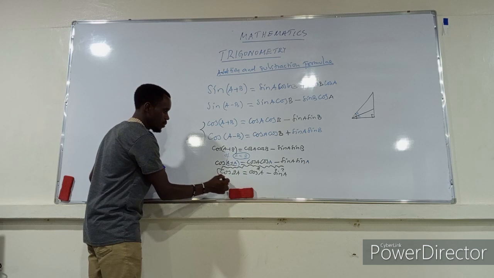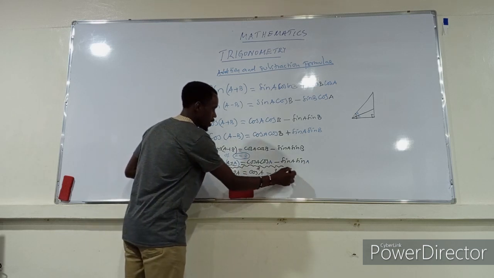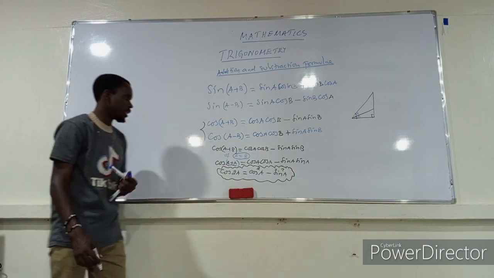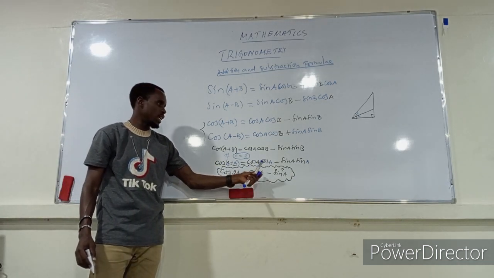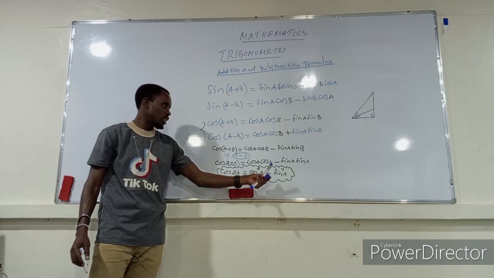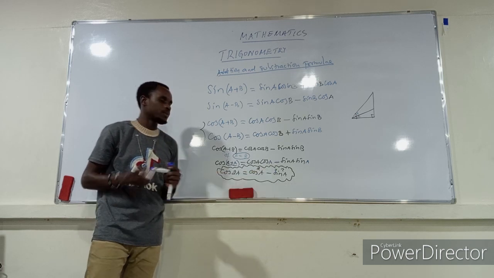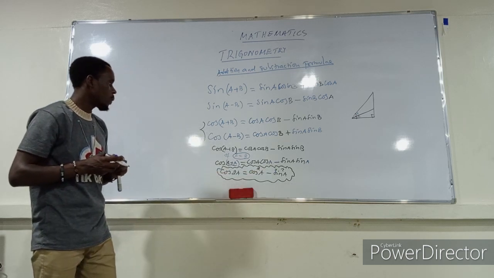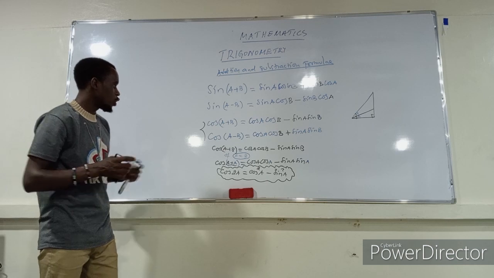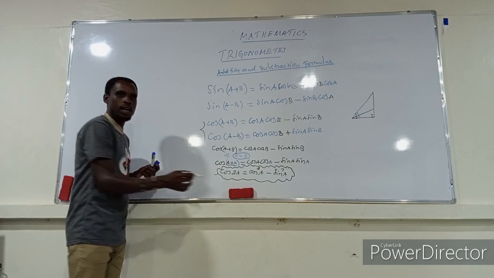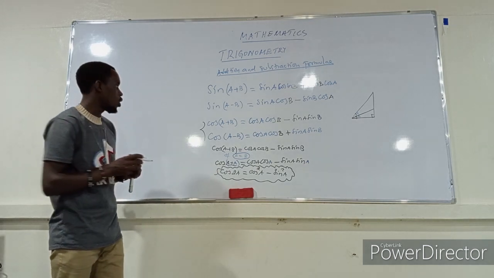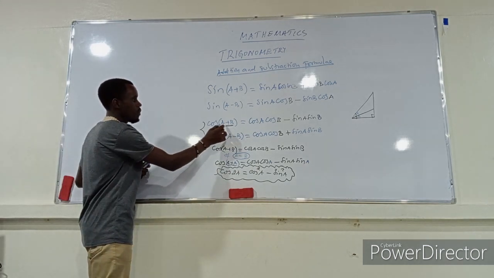I think you are familiar with this addition and subtraction formula. Cosine 2A is equivalent to cosine squared A minus sine squared of A. With this, we have proved this formula from cosine of A plus B.